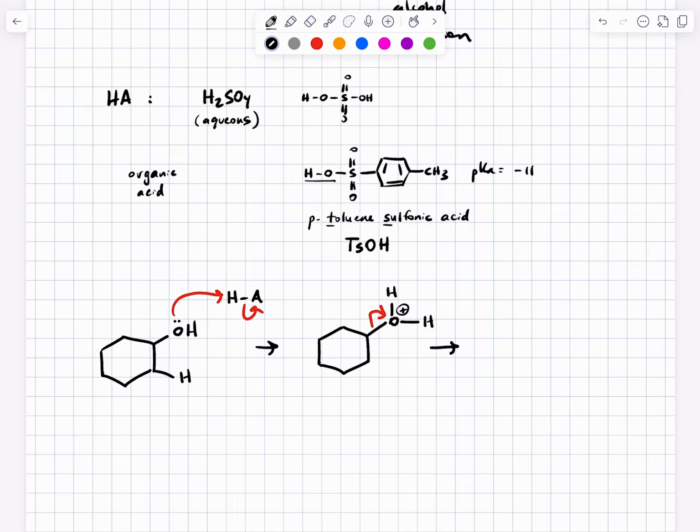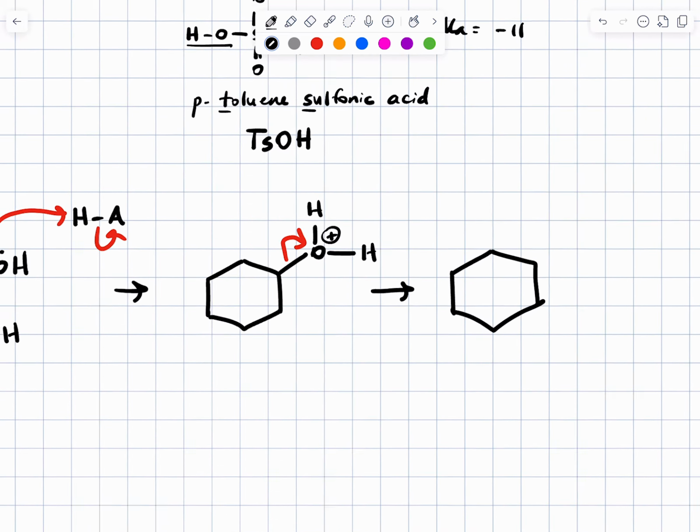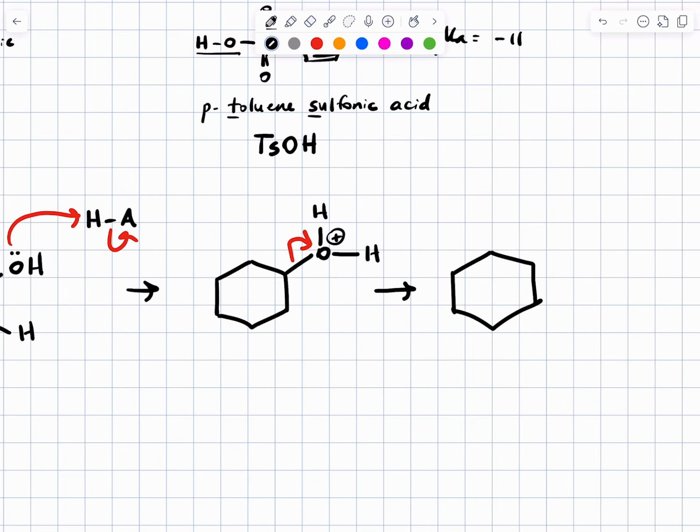The evidence that the leaving group leaves actually comes from the fact that you do see carbocation rearrangements in this reaction. Not this particular reaction because there's no rearrangements that can occur here, but in other molecules like I will show you, if you do acid catalyzed alcohol dehydration, you do see rearrangements, okay?